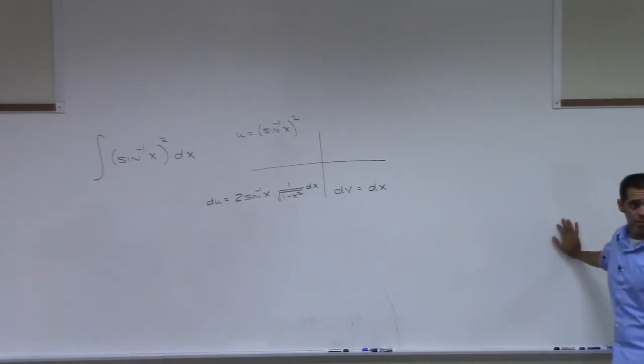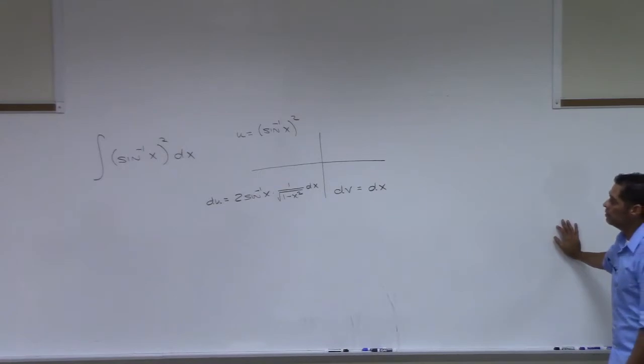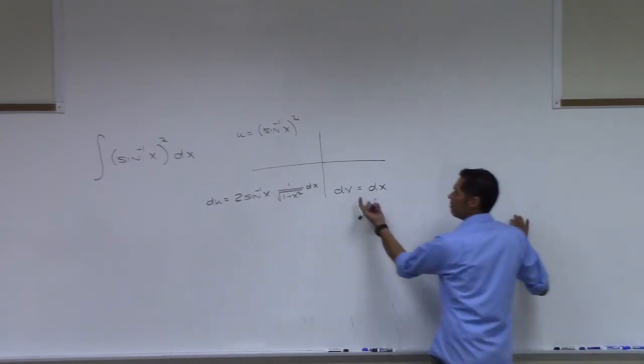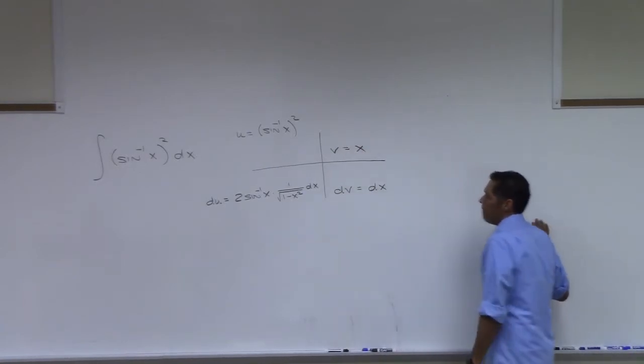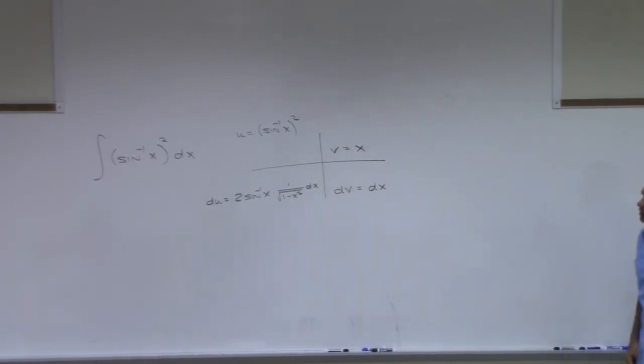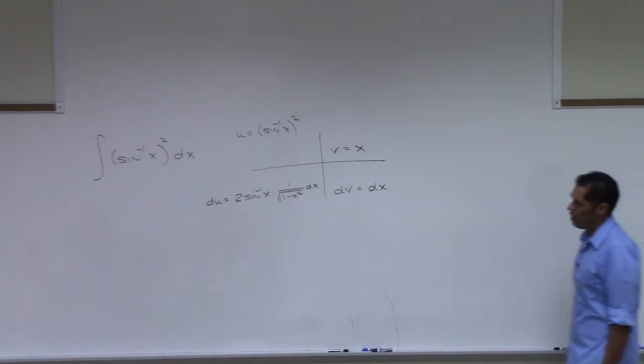Does everyone understand what we're doing? Now v is just x. What do y'all think about this? Do y'all like this? Should we still go? It cleans up. Okay, so let's just write what the formula says.